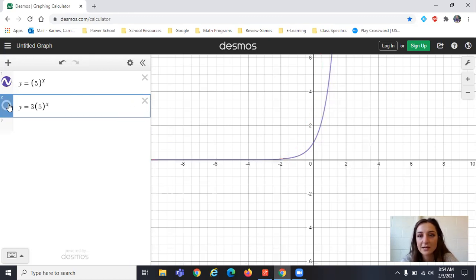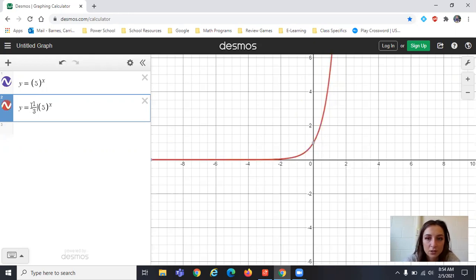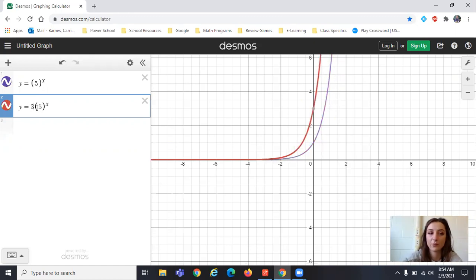Okay, and you can see that it's stretching upwards. It's getting a little bit more narrow. So this is our vertical stretch versus a vertical shrink. I just wanted to show y'all. This would be a vertical shrink, so moving down a little bit, but this is a vertical stretch, so moving up a little bit more.